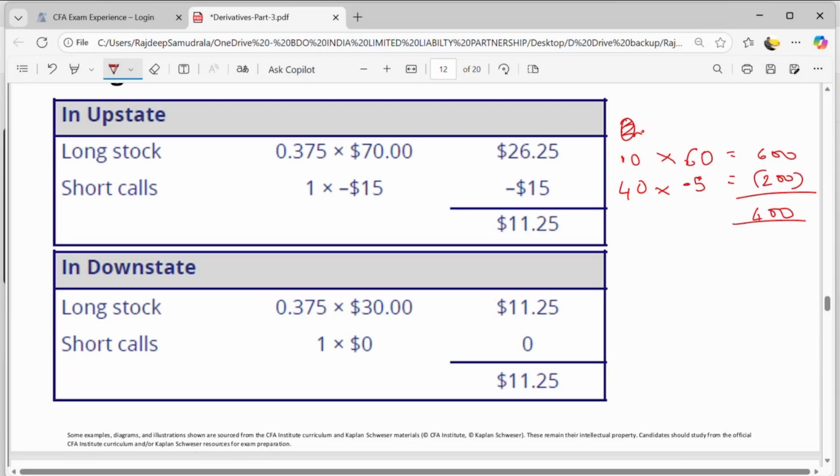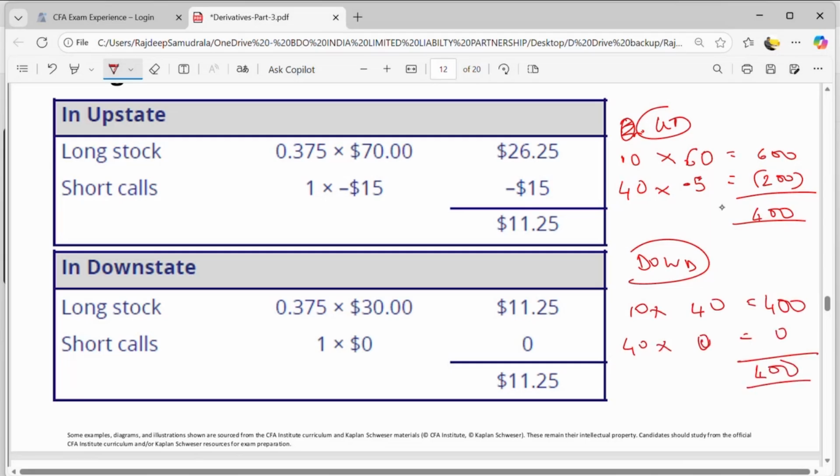This is the up scenario. Now the down scenario. If it goes down, it will have gone to 40 and you have 10 shares, so 400. But the call value is 0, so you are again ending up with $400. Is that making sense? You're earning $400 if it goes up by 20, and if it goes down by 20 also. Clear? Proved it? $400. Any questions?